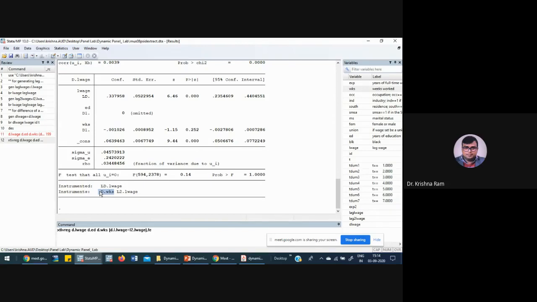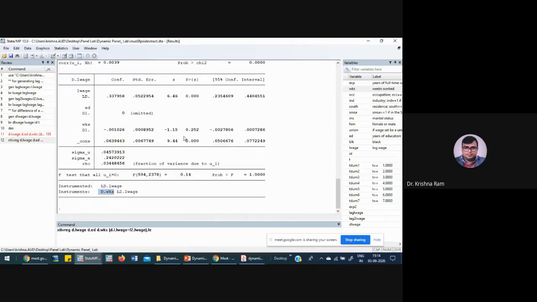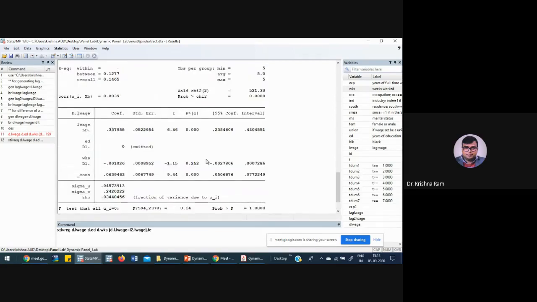In our data set, we have considered the WKS variable as a strictly exogenous variable. So when you use instrument variables, all strictly exogenous variables are instruments for themselves. That's why the WKS variable becomes an instrument for itself.